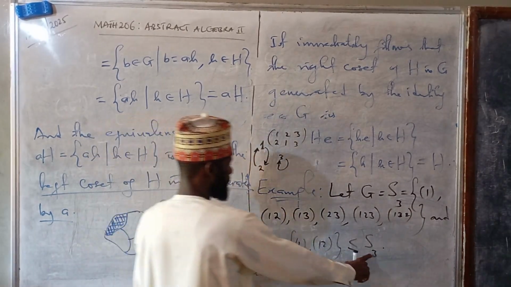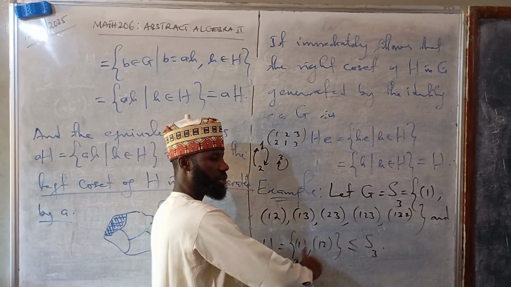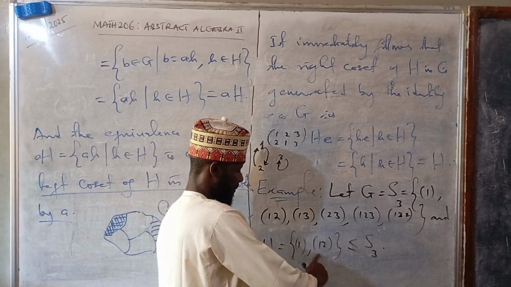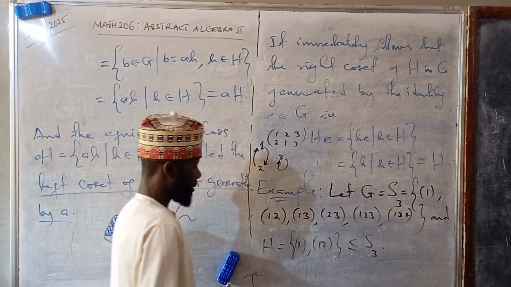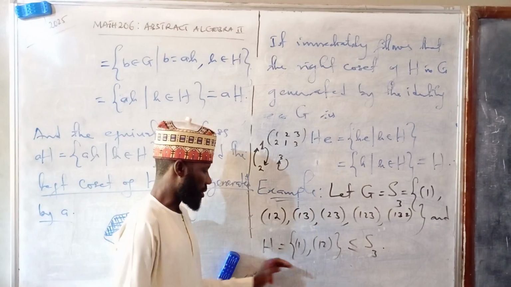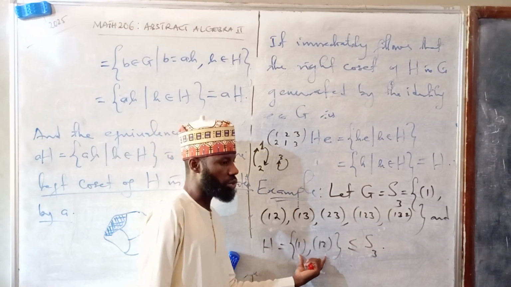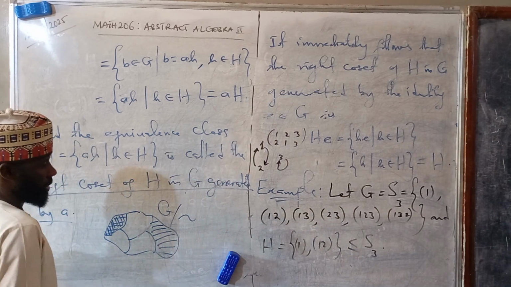So this is a subgroup of S3, because it is closed and it satisfies the properties of being a group. If a subset is finite, you only need to show the closure property to conclude that it is a subgroup.